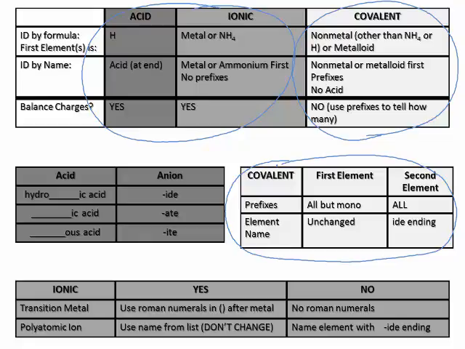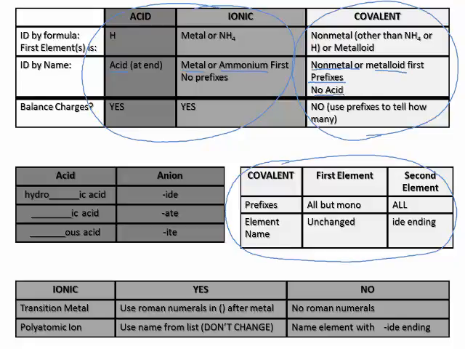So as a quick overview, if we're identifying by formula, acids have H first, ionic compounds have a metal or NH4 first, and covalent compounds have a nonmetal other than NH4 or hydrogen, or a metalloid first. For identifying by name, acids have acid at the end of the name, a metal name or the word ammonium first, no prefixes, and covalent has a nonmetal or metalloid first in the name, and they do have prefixes.